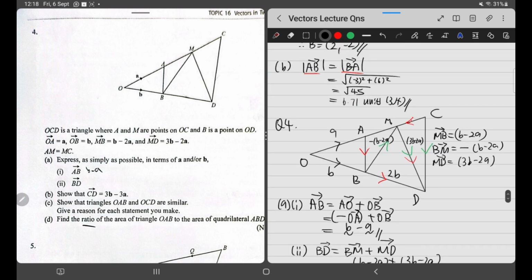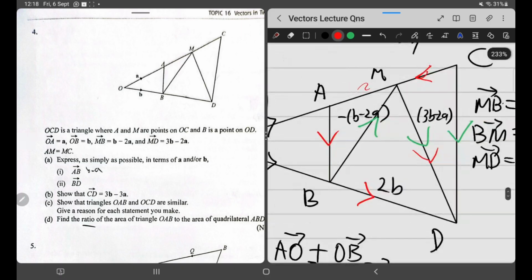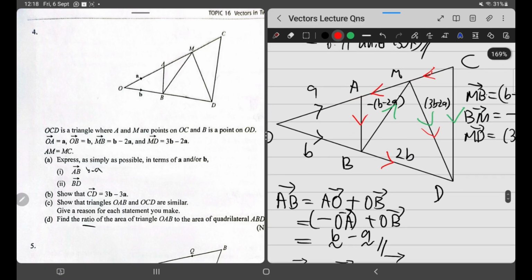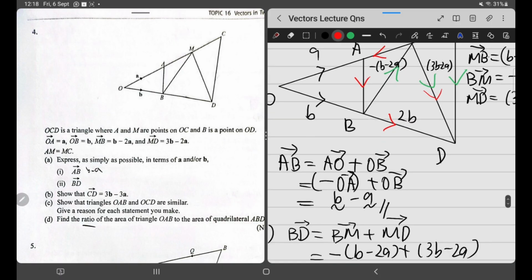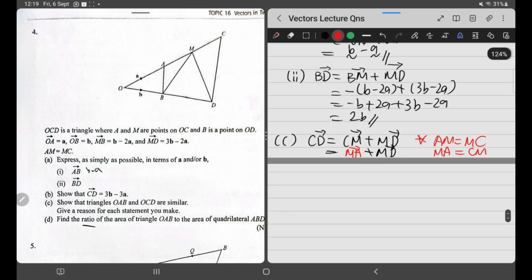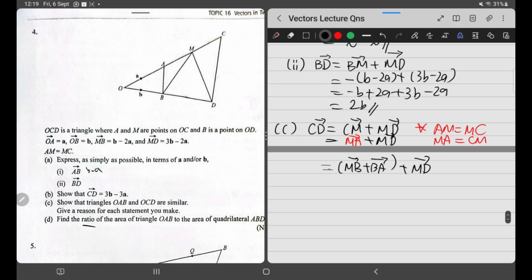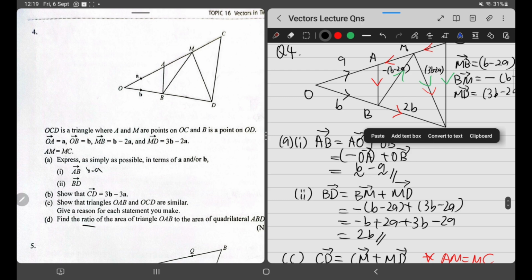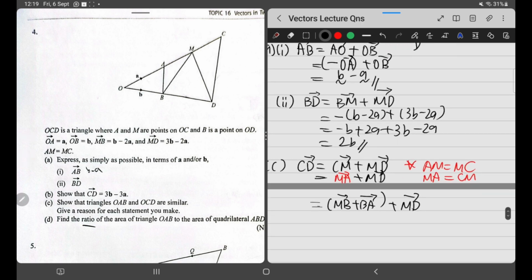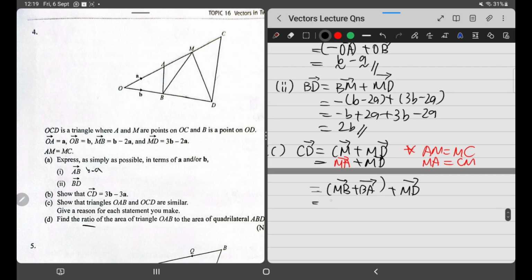MA is here. And MA is essentially just walking from M to B and then B to A. Right? So you will change this again. So now it becomes walking from M to B and then B to A, then plus MD. MB is given by the question. MB is B minus 2A plus BA.